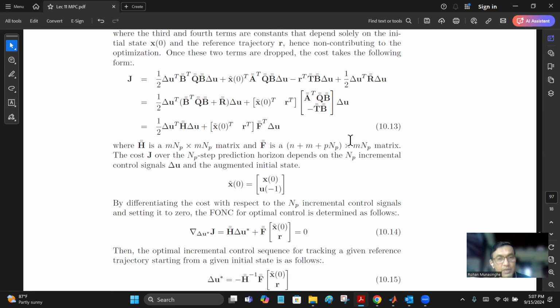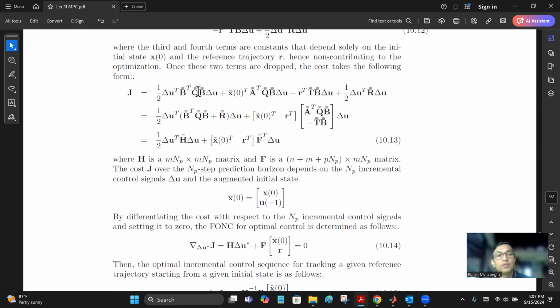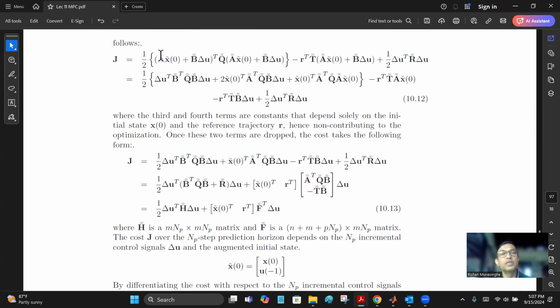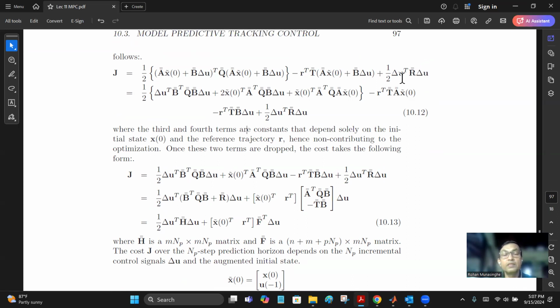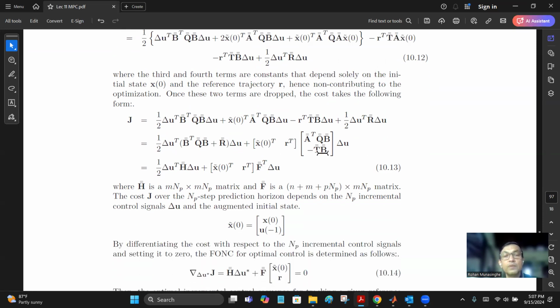Take some time to resolve these terms. Here you get 3 terms, 4, 5, and 6 terms altogether. And in the 6 terms, you combine some of the terms together. And here you have 1 term, you have second and third terms, only 3 terms.